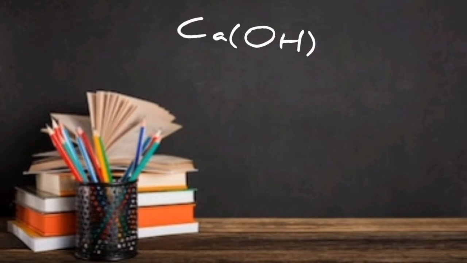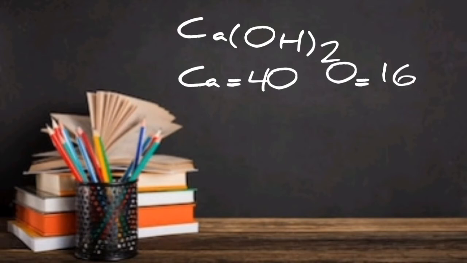So first we find the relative molecular mass of calcium hydroxide. So calcium hydroxide is Ca(OH)2. The atomic mass of calcium is 40, while the atomic mass of oxygen is 16, and the atomic mass of hydrogen is 1.